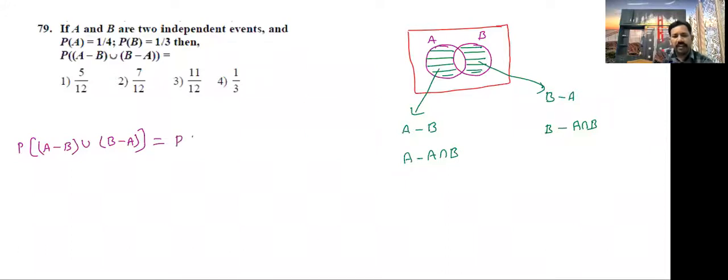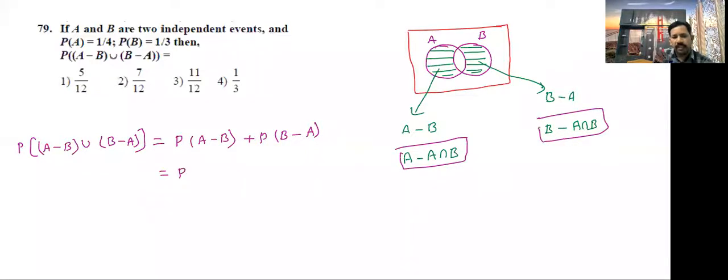That's why we can write directly P of A minus B plus P of B minus A. Already we know that A minus B means another way, A minus A intersection B. B minus A means B minus A intersection B. This is, we can write P of A minus P of A intersection B plus P of B minus P of A intersection B. Students, all of you understood now?